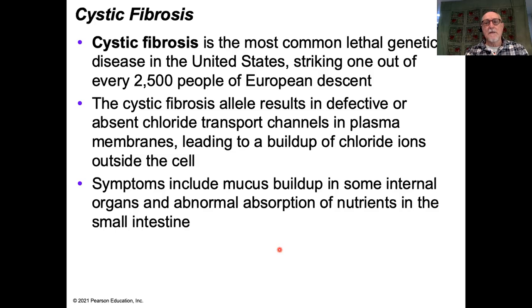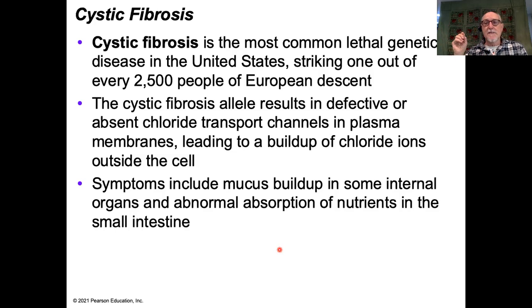It's really quite common in terms of genetic inherited disorders: 1 in every 2,500, much more common amongst the European Caucasian population than in any others. It can make its appearance in other populations, but it's more common.